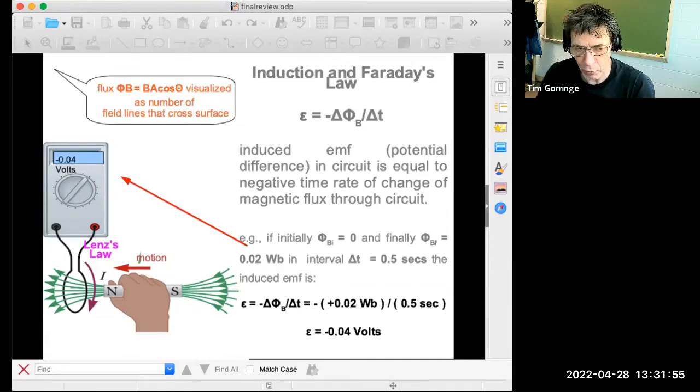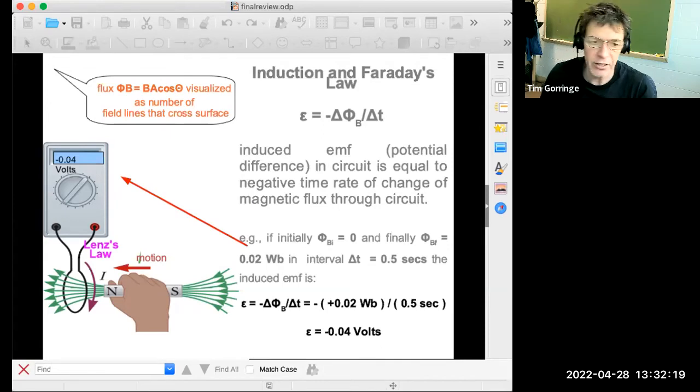If you have a loop of wire, a coil of wire, and for whatever reason, you change the magnetic flux through that loop or that coil of wire, you change the magnetic field in that coil or that loop of wire, at that instant of change, you're going to get an induced current and induced EMF in that wire.